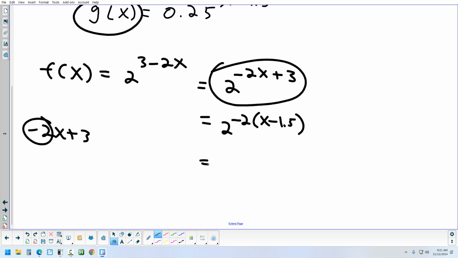Find 2 to the power of -2. What's another way of saying 2 to the -2? Say I don't want to have a negative exponent here. What's another way of writing that? 1 over 2 to the second, or 1/4.